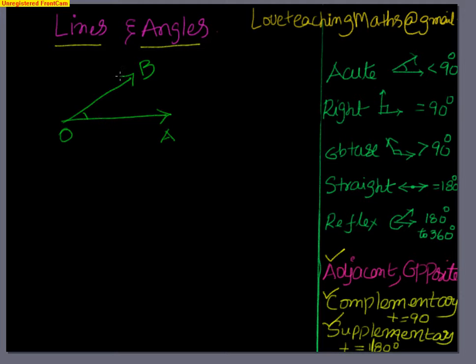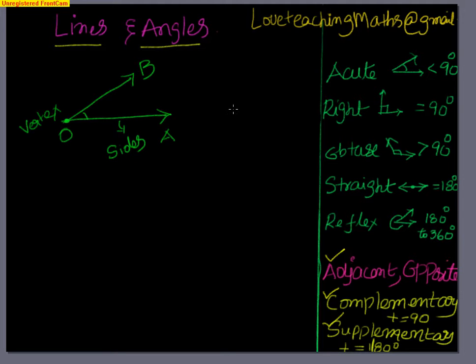How much? That's what we want to know with the help of the angle. Before going to the angle, this common starting point we call the vertex. O is called the vertex, and A and B are called arms or sides.